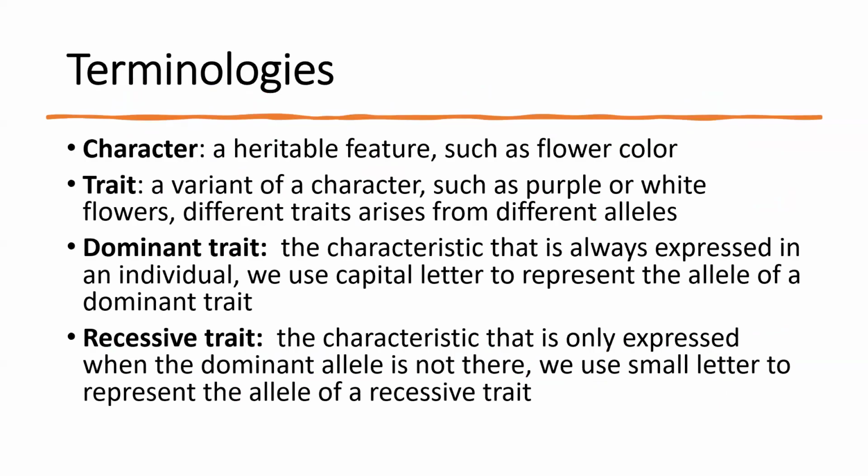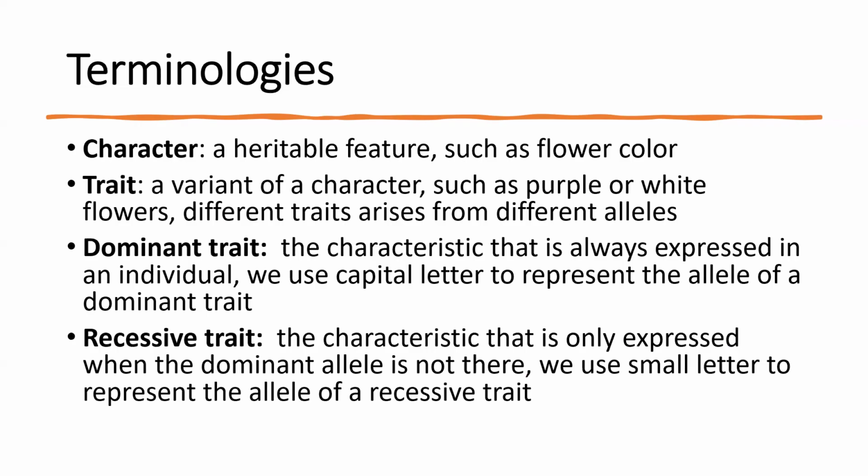More terminology. A character is a heritable feature. It's something that can be passed from one generation to the next generation. Flower color is an example of a character. This kind of heredity stuff is not only applicable to humans, but to plants as well, right?